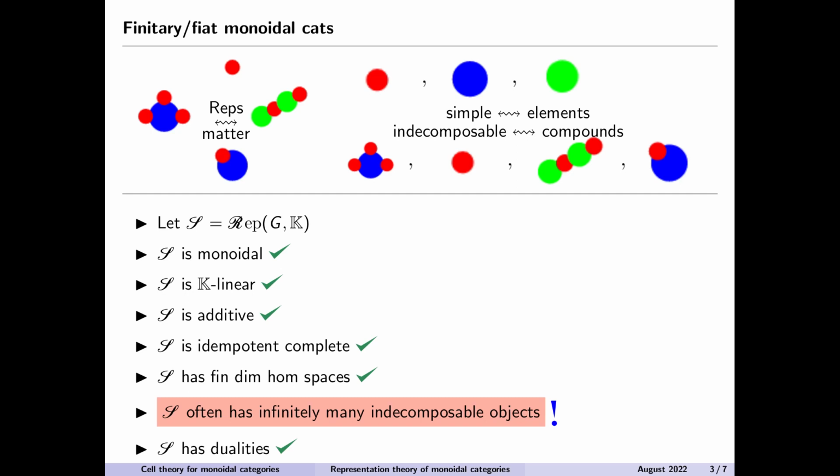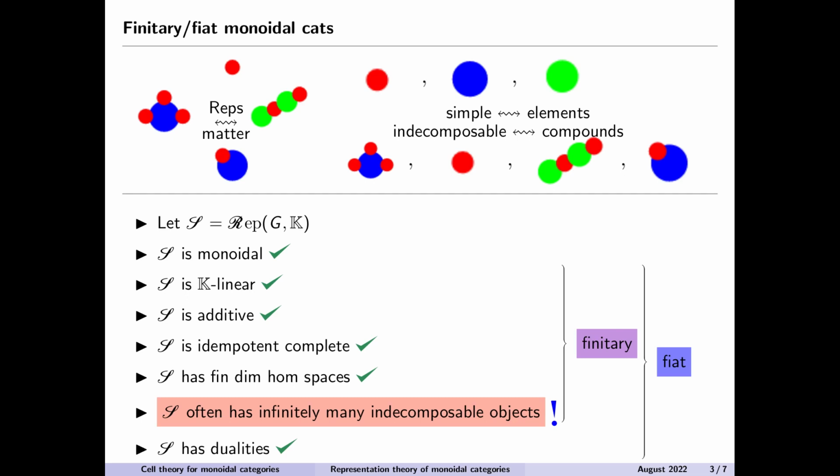Okay. Sorry, are you calling something that satisfies all these fiat? Oh. There you go. I'm ignoring the monoidal. So I call everything that satisfies this here, from linear to my little box, I call it finitary. Like everything is finite, finitary, if you want. And if it has some dualities, I would call it fiat, like finitary and adjunction, slightly misspelled if you want.